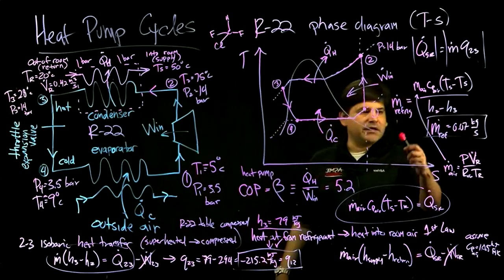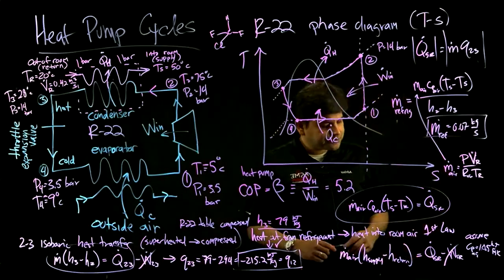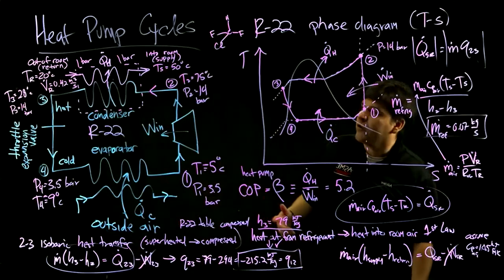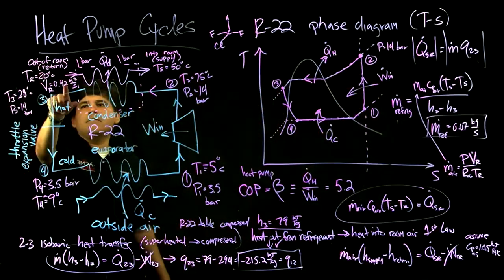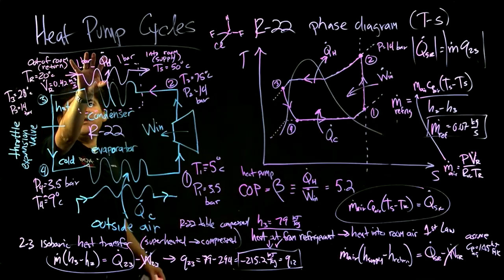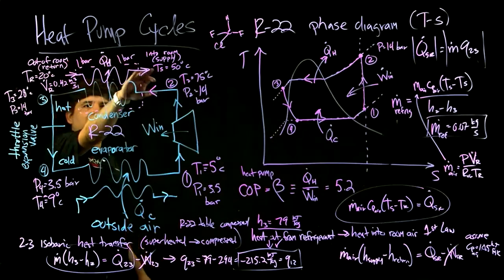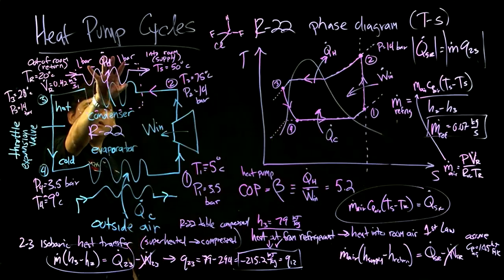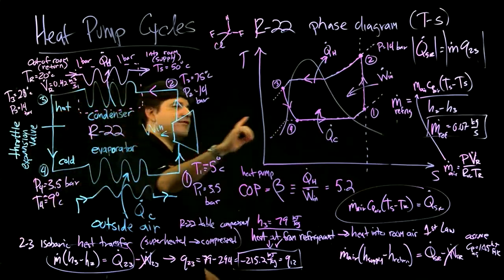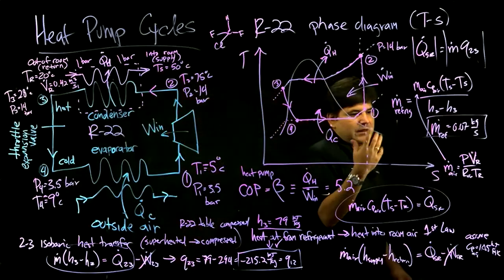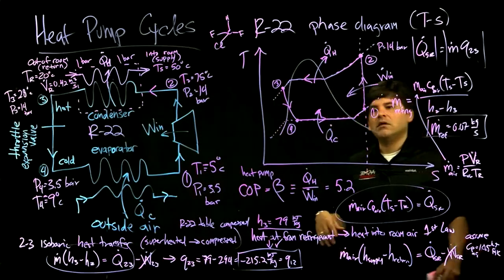So that's what we did here to find the mass of refrigerant. So again, another way to think about it is, if you know the room capacity that you need, this room needs a certain temperature at this certain flow rate to keep it warm. The question now would be, what is the mass flow rate of refrigerant you need? That's what we did as well.